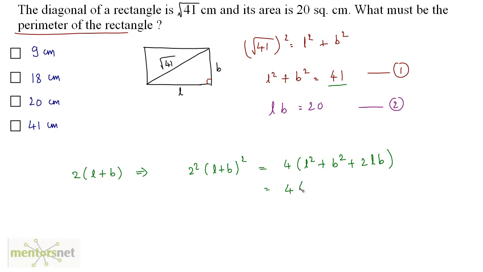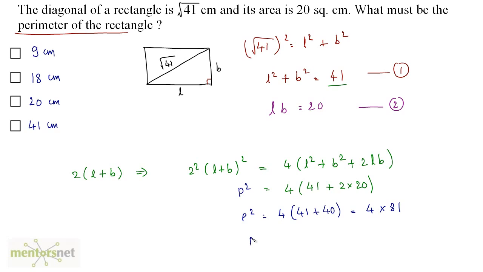So we have 4 times 41 plus we can get LB from equation 2. That's twice times 20. And on the left hand side we have basically P square. So again P square is equals to 4 times 41 plus 2 times 20 is 40. Right, so this is 4 times 41 plus 40 is 81.